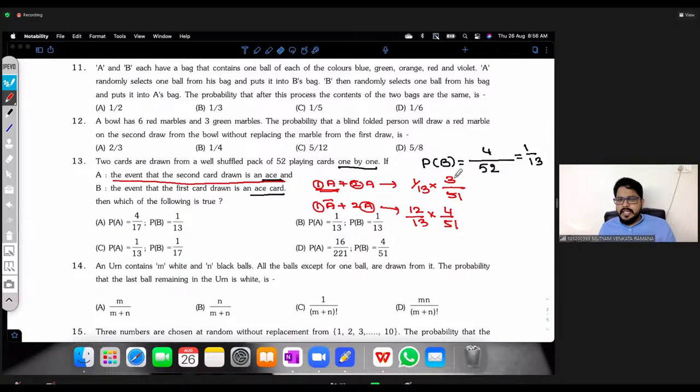So this is equal to 1 by 13 into 17. Sorry, this 3 fours are 3 17s. It's equal to 16 by 13 into 17. So on the addition of this, yes, 1 by 17 is going. So this is the answer.